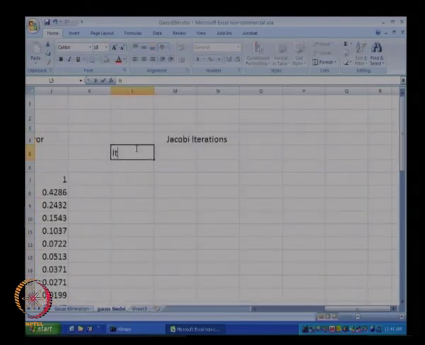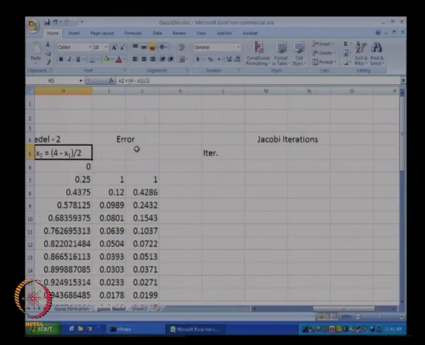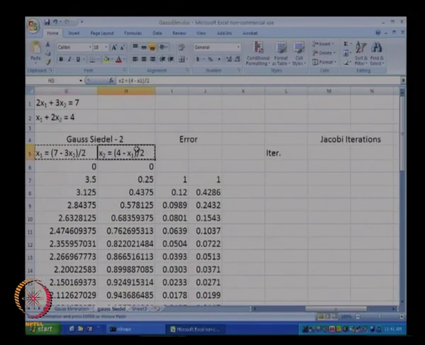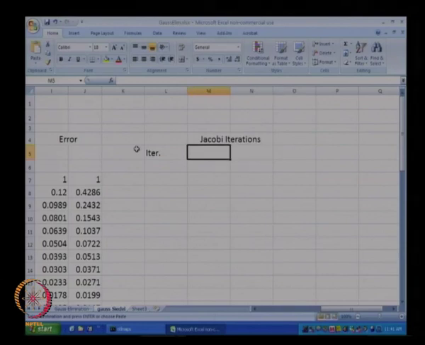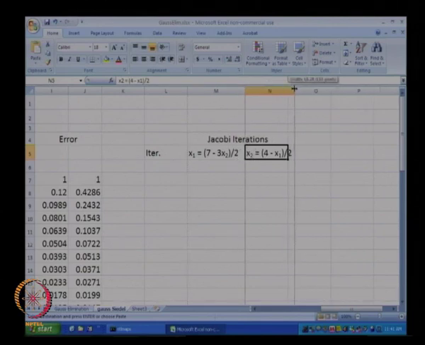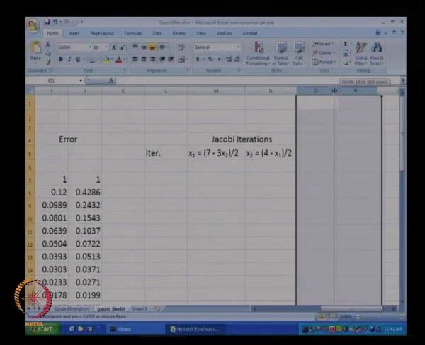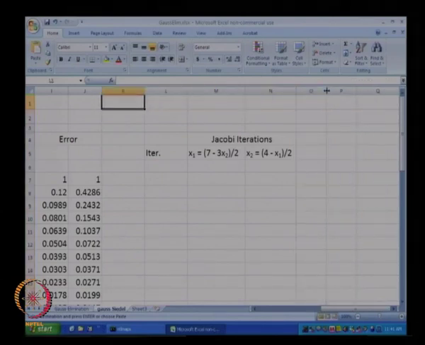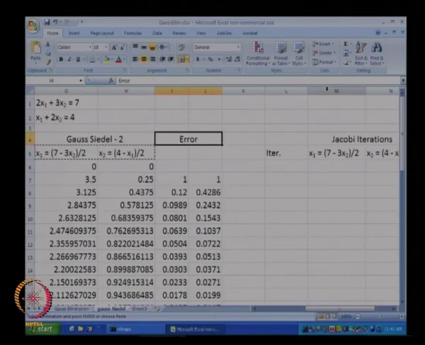So, we have iteration number, x1 and x2, which we will compute in the same manner. And then errors again we will compute in the same manner. Okay, so what I am going to do is I will go back and copy paste this rather than having to redo it myself again, because nothing really changes over here.